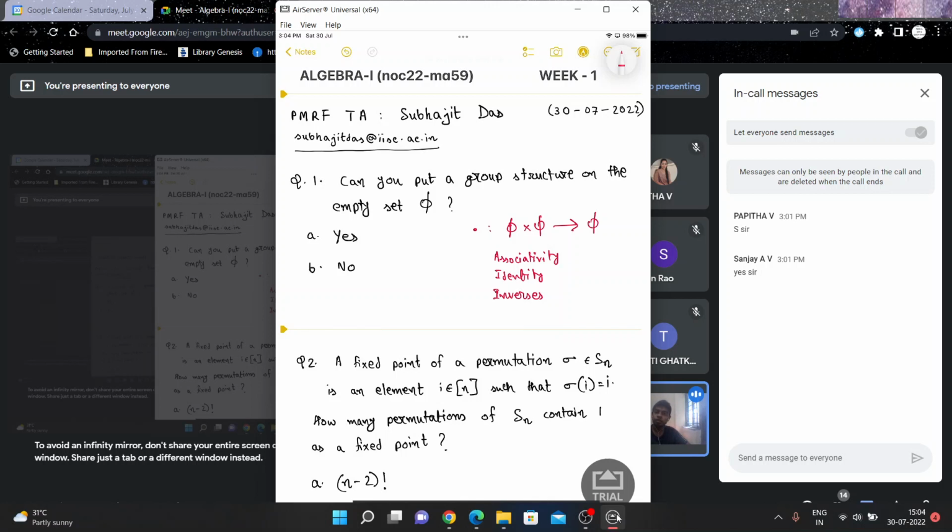Can you define a group operation on the empty set? A binary operation such that you have associativity, identity, and existence of inverses, which are the group axioms, right? Maybe someone can write down something in the chat. Yes or no?